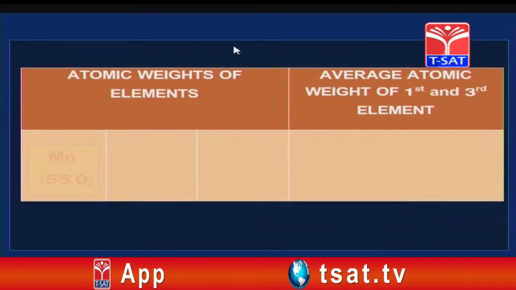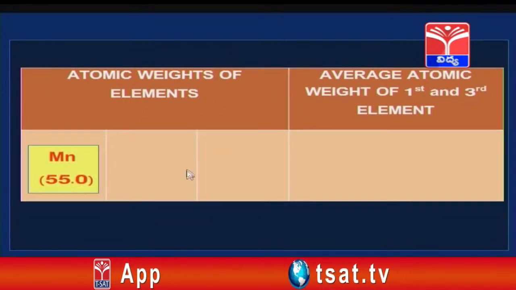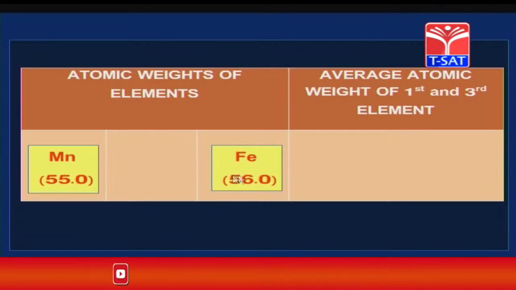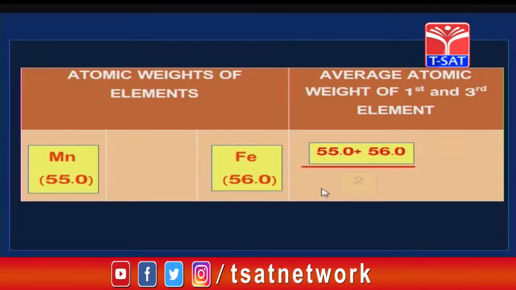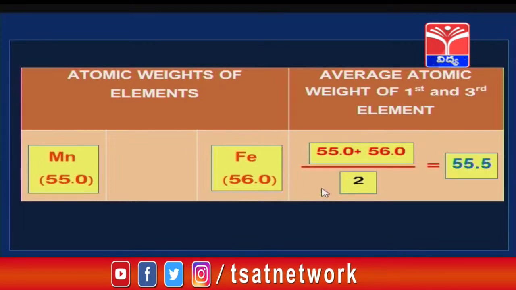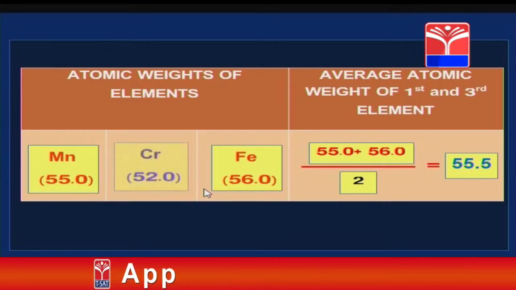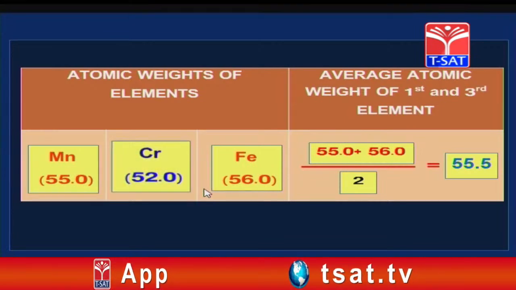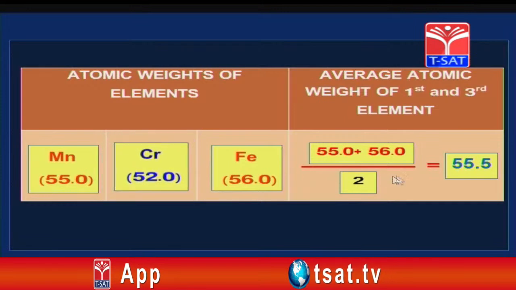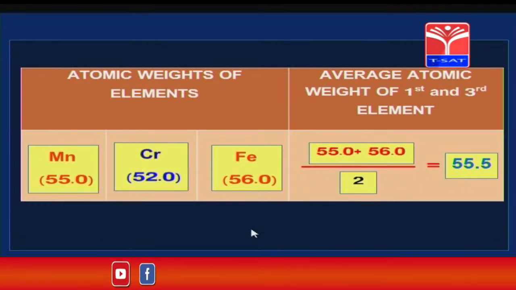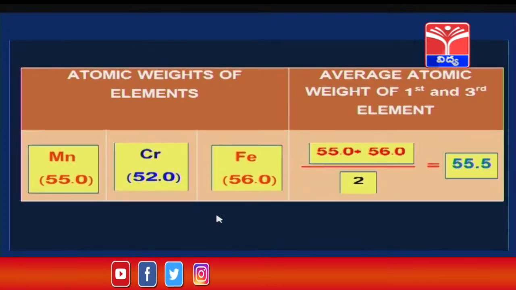Now, the fifth triad, manganese whose atomic weight is 55, iron whose atomic weight is 56, and the average value of atomic weights is 55.5 and the middlemost element is chromium whose atomic weight is 52. It is also not matching, we will study it under limitations.